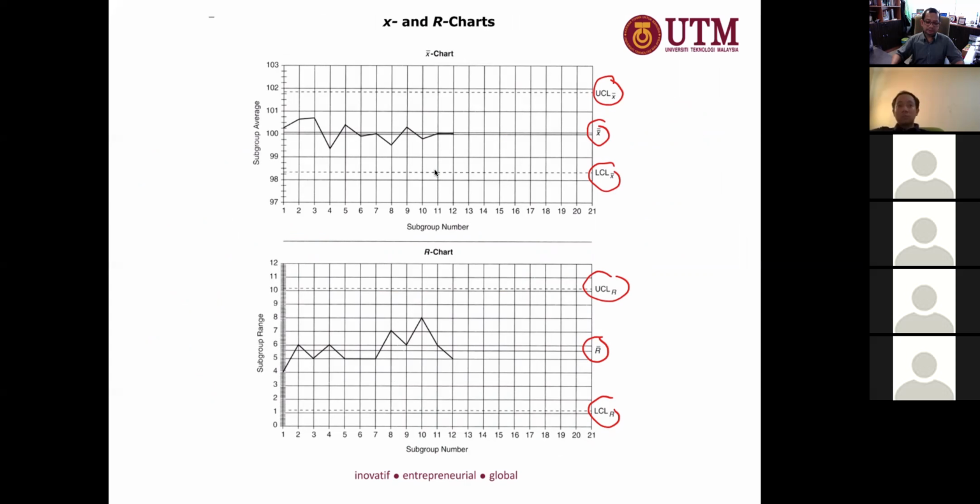Looking at this graph, it seems like we don't have a problem, particularly here. But if you look at the dispersion, why is it increasing? Although it gives you values close to the mean for the X bar, it is interesting if you could find out why this happened.